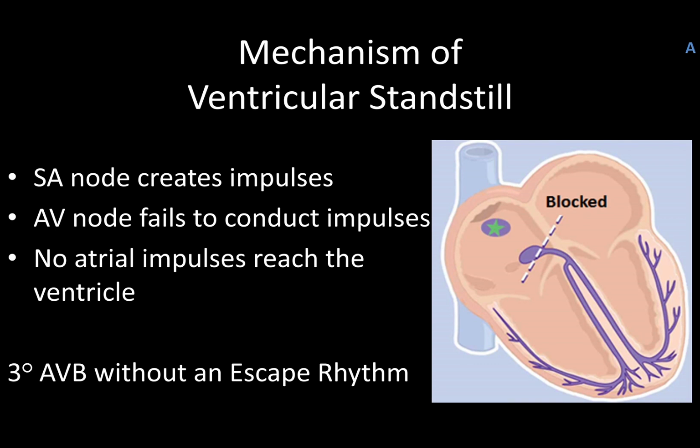I'm revisiting this one because it fits well here. We already touched on it in the blocks lecture, because the idea is the sinus node is still creating impulses, but the AV node is failing to conduct, so no atrial impulses reach the ventricle, so you have AV dissociation.